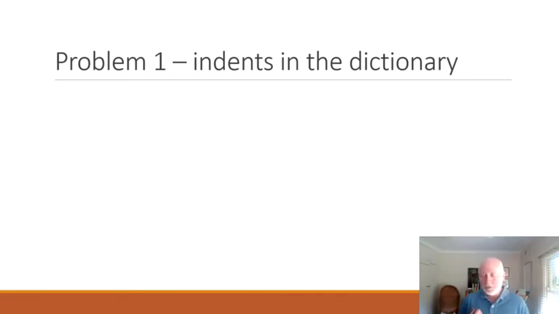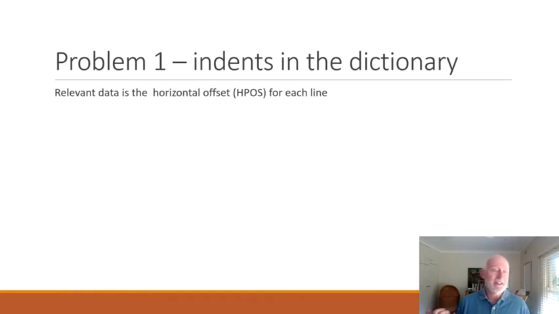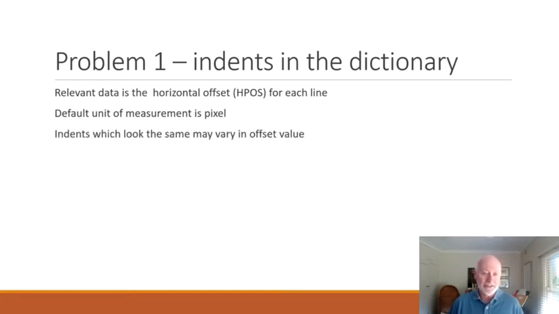So, what about our problems? First of all, the indents in the dictionary. What we're interested in here is the horizontal position, the offset for each line. The default unit of measurement here is pixels. This is very high resolution, and in fact things are not going to come out at exactly the same value for various reasons. So things that we perceive as being the same will not be the same in the XML numbers.